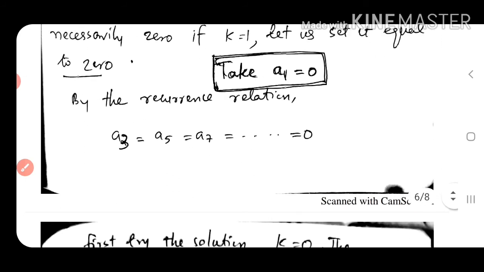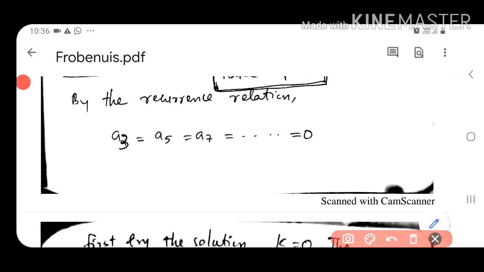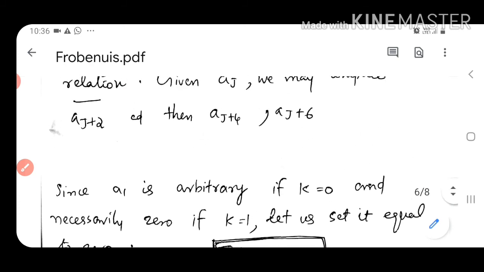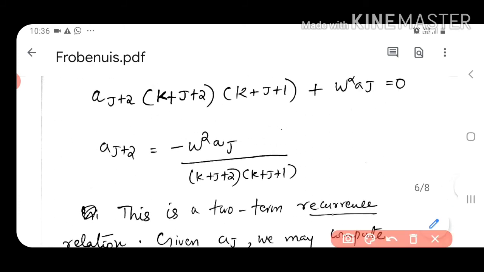Now by the recurrence relation, if a1 is 0, a3, a5, a7, all of them will be 0. Because for j equal to 1, I will get a3.